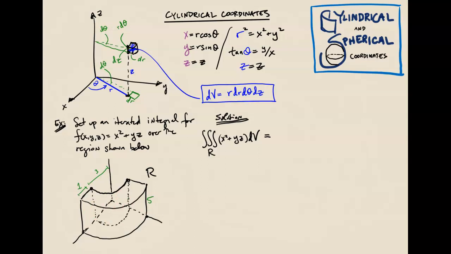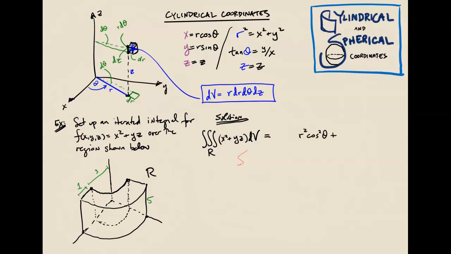So let's do that. First, let's look at our integrand. If I'm going to translate all this stuff over into cylindrical coordinates, well, I know what I have to do with dV, that's easy enough, but I have to translate my function over into cylindrical coordinates as well. But that's easy too, because I have my translation equations up here. And of course, you already have them firmly lodged in your head from working with polar coordinates. x squared, since x is r cosine theta, is going to become r squared cosine squared theta.